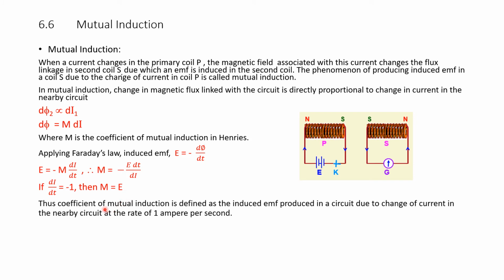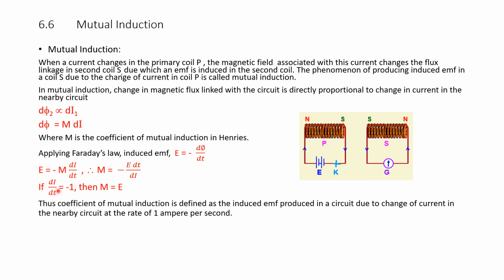The coefficient of mutual induction is defined as the induced EMF produced in a circuit due to the change in current in the nearby circuit at the rate of 1 ampere per second. That is, 1 ampere per second is dI by dt, that is, dI by dt is equal to minus 1, where the minus sign indicates the change.